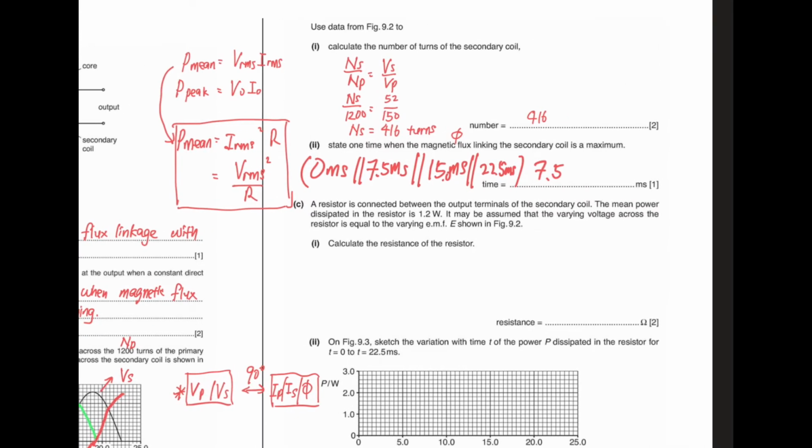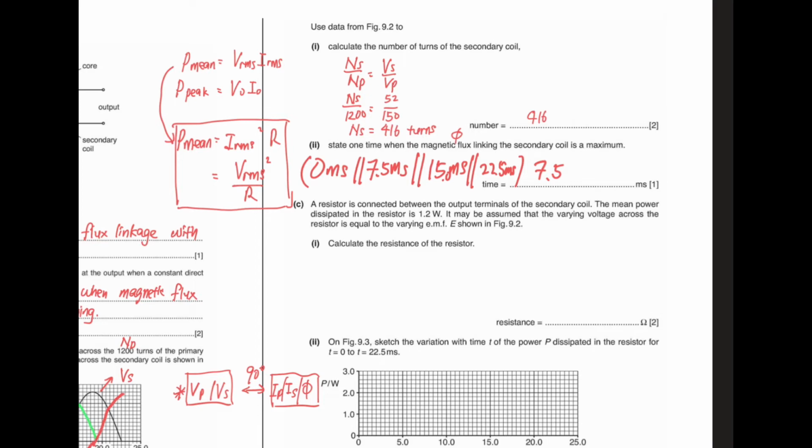Okay, so the mean power dissipated in the resistor is 1.2 volt. It may be assumed that the varying voltage across the resistor is equal to the varying EMF E shown in figure 9.2.